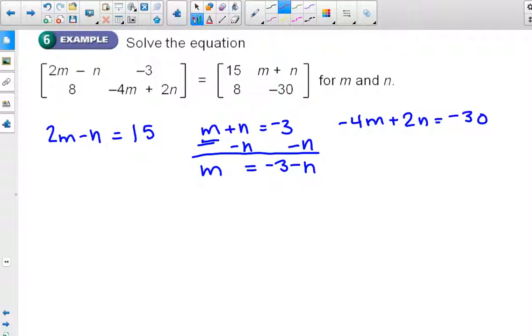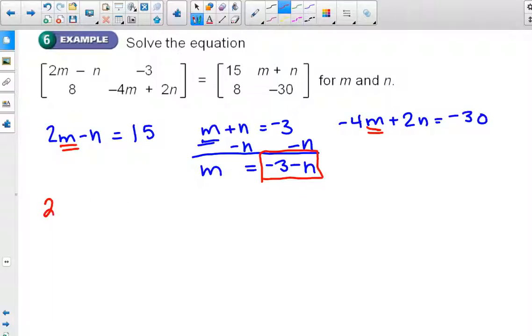Okay, so now what you're going to do is take this expression and substitute it into either this equation or this equation. It doesn't matter which, but you're going to have to substitute that in for one of those m's. The one on the left has a coefficient of 2, so let's go ahead and put it into that one.